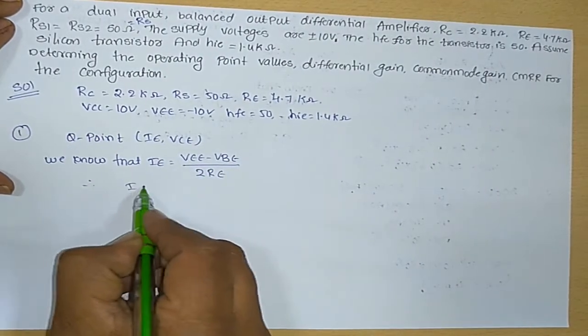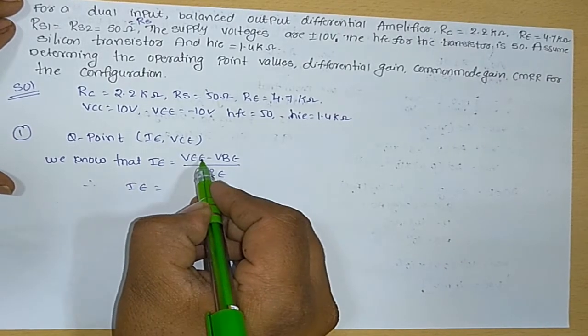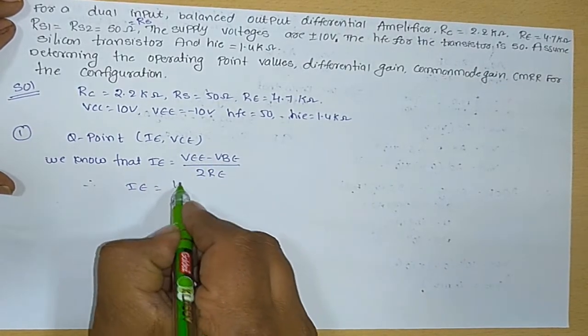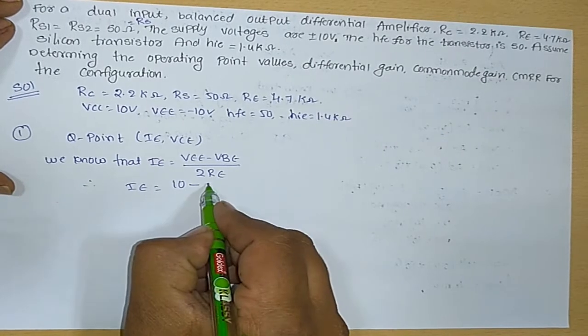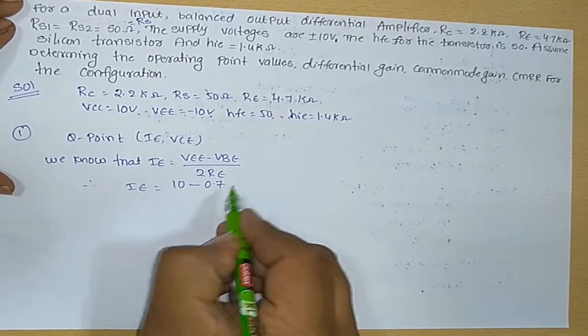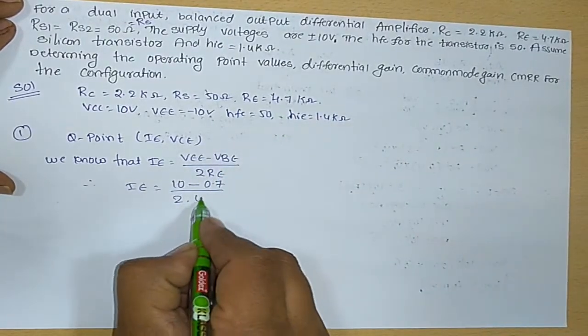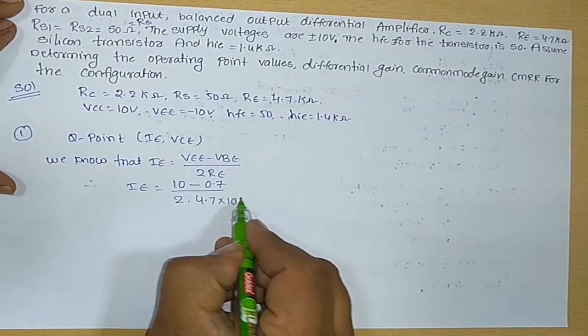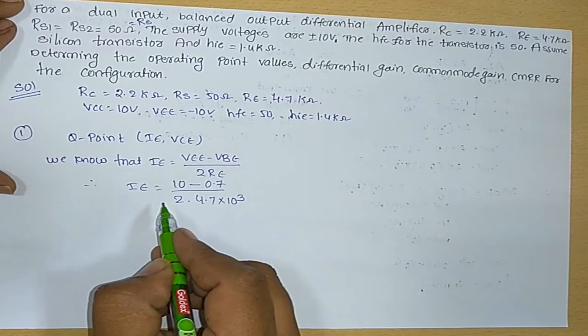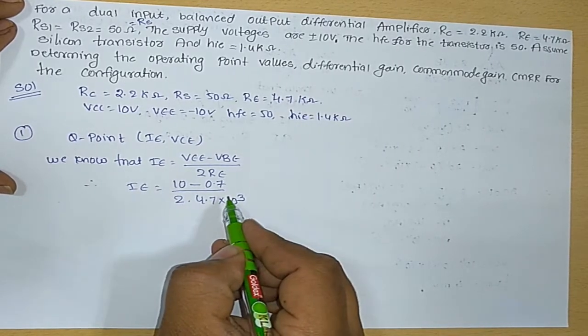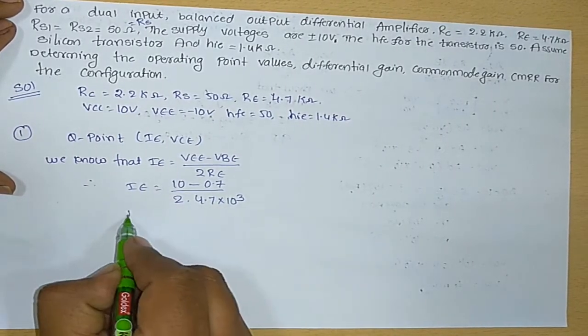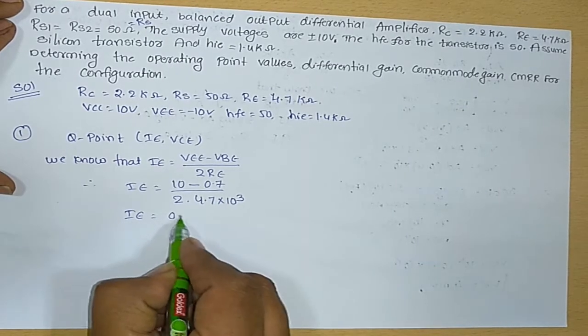Therefore IE equal to 10 volts minus VBE, which is 0.7 volts, whole by 2 into RE, which is 4.7 into 10 power of 3.